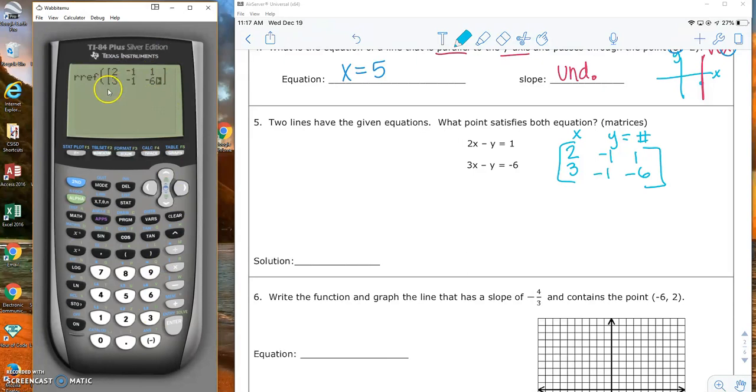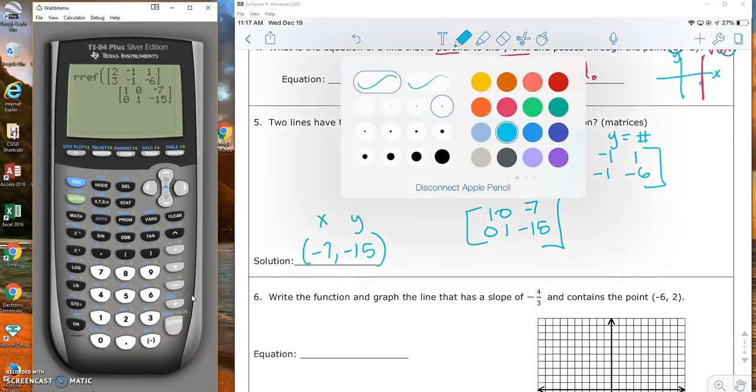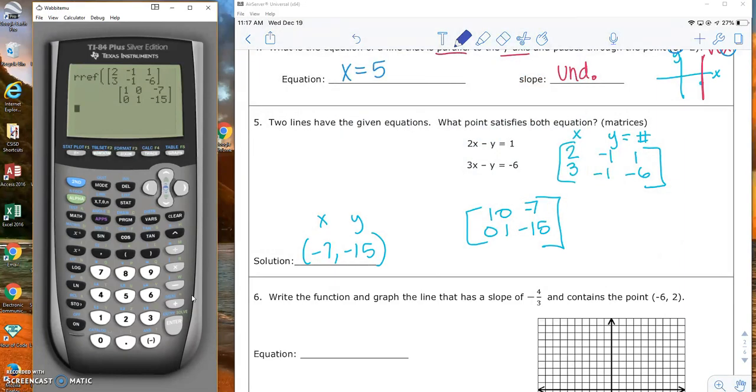So 2, -1, 1, 3, -1, -6. These match all of the numbers, including the negatives. So I click enter. And from the calculator, I get 1001, -7, -15. So my solution is -7, -15, because solutions are written x, y, and that's my x and my y.